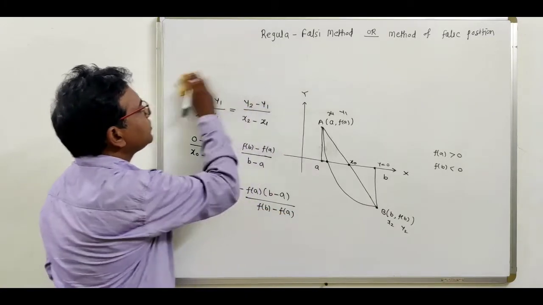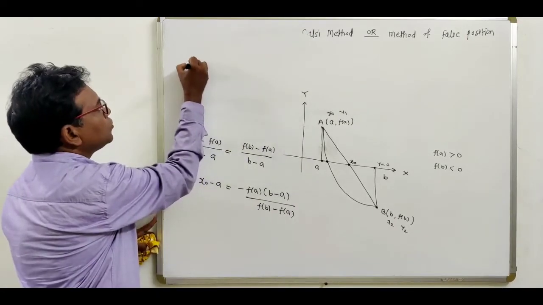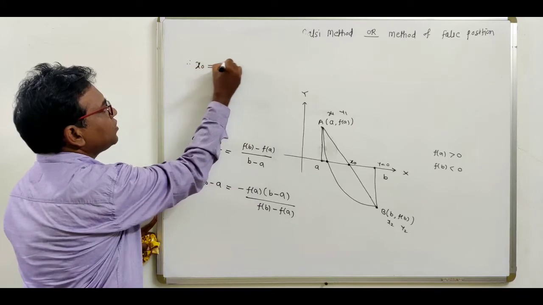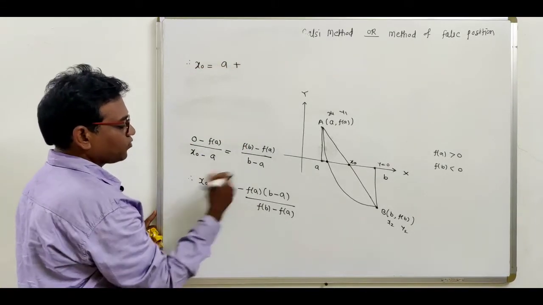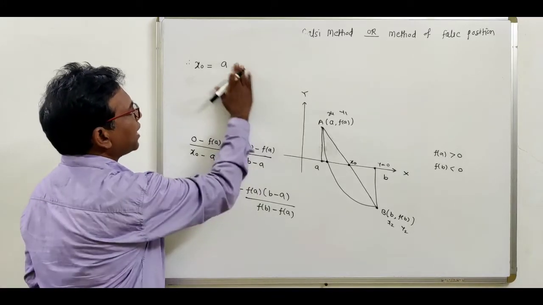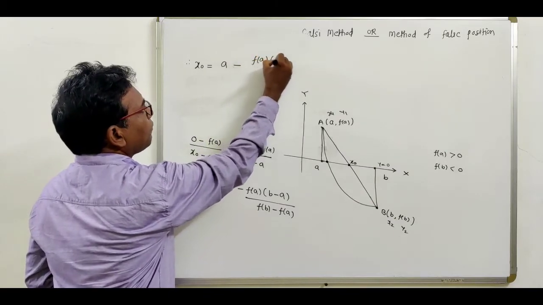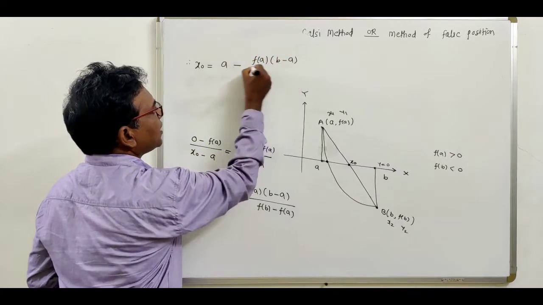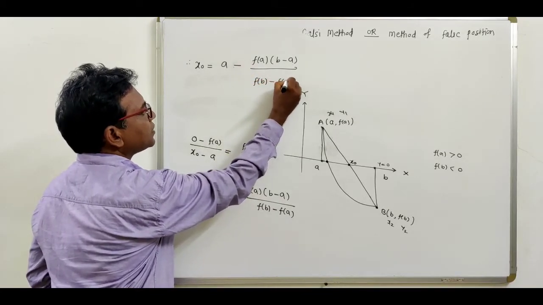So find out this calculation. So what is x0? x0 is equal to a plus, just transposing this minus a, it becomes plus a, and this is minus f(a) times (b minus a) divided by f(b) minus f(a).